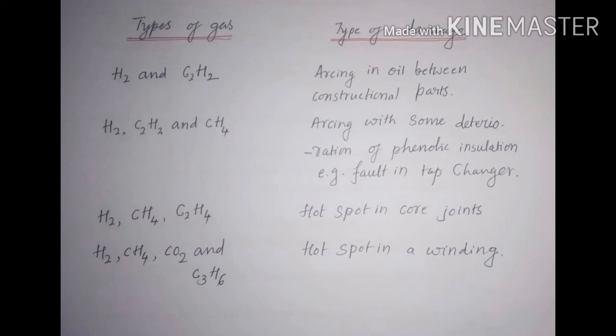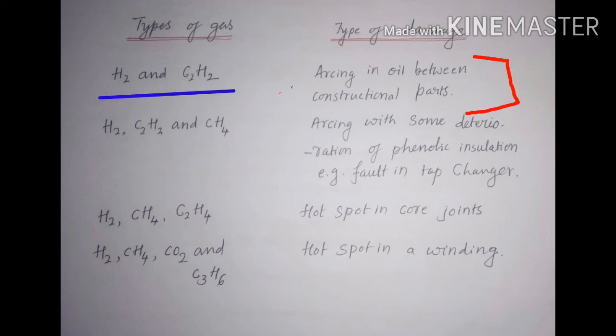The gases evolved during incipient fault are the signature for different types of incipient faults. If these gases are collected and analyzed, then we may come to know what type of fault has occurred in a transformer.